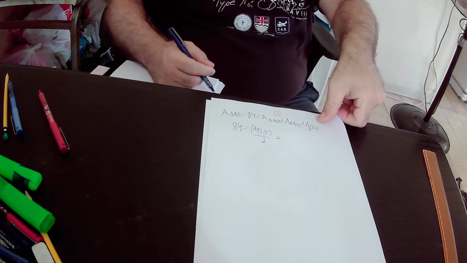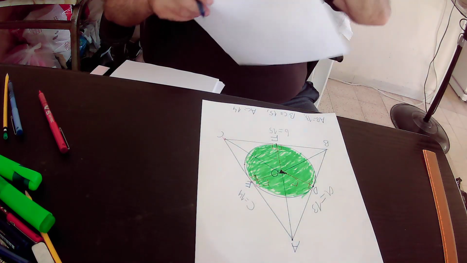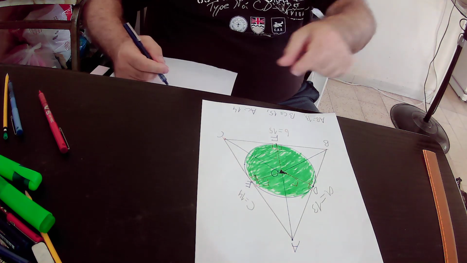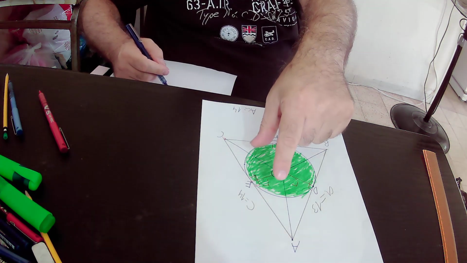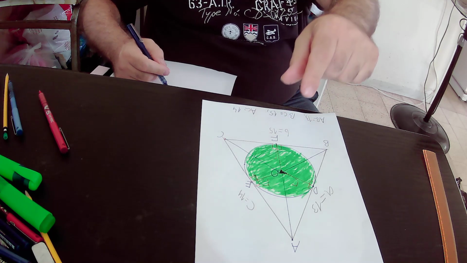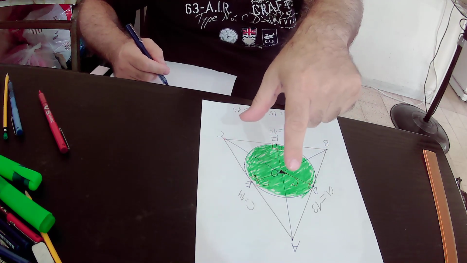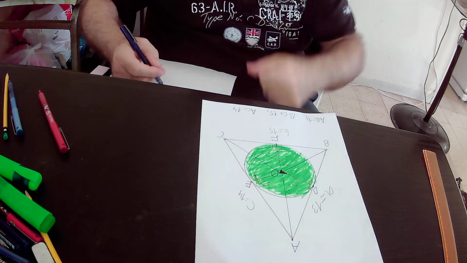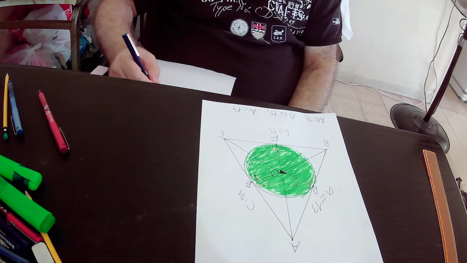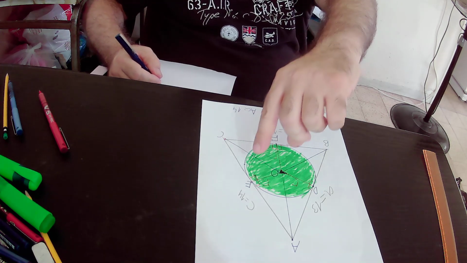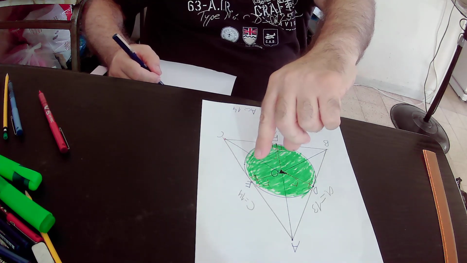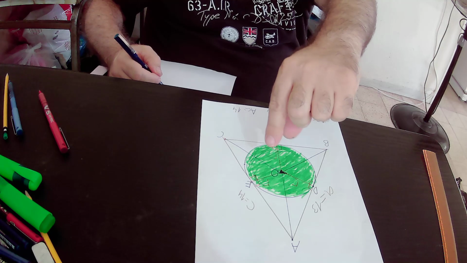Okay, and what is the area of triangle AOC? The area of triangle AOC will be equal to the base of triangle AOC, that is actually AC, times the height to the base. The height must create 90 degrees with the base.